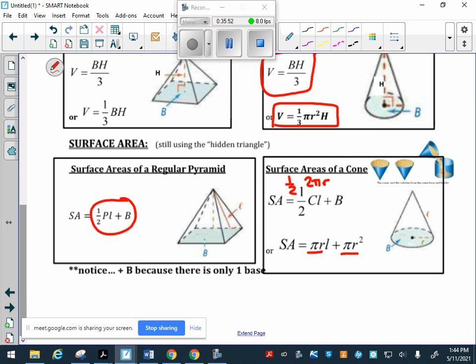So we have 1/2 times 2 pi r times L. You see how the 1/2 and the 2 cancel out? That's how we end up with just pi r L. So you might see it written this way, but remember, it's the same exact thing. This diagram is here to remind you of our little demonstration.